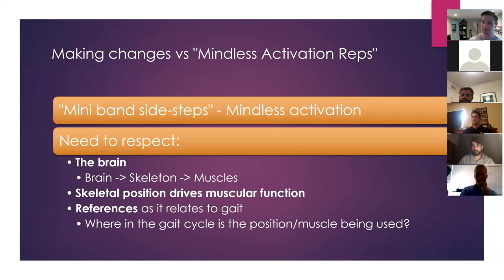But we're doing mini band side steps in hip flexion, and we're having outside foot reference, and there's no carryover to gait there. So for me, I don't see the value of doing an exercise like that compared to other things potentially. So where is the foot being used? When is the foot being used, and what muscles are associated? What skeletal positions are being associated with it? We'll get into that stuff a ton more next week.